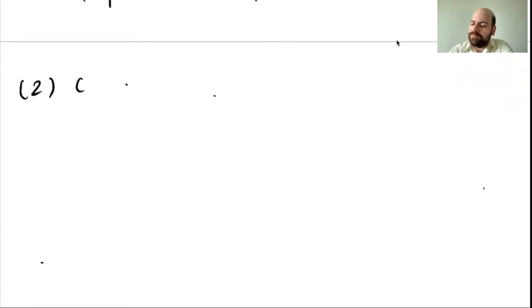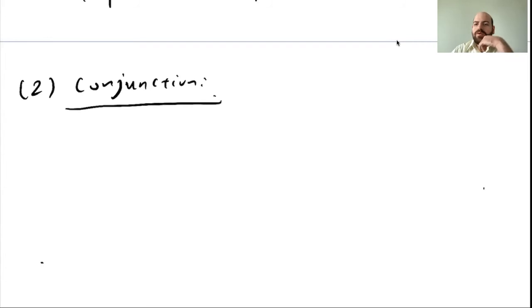Okay, so this is the first operator. Then the second operator is called conjunction. Again, we have two propositions and we want to connect them with an operator to obtain a new proposition.